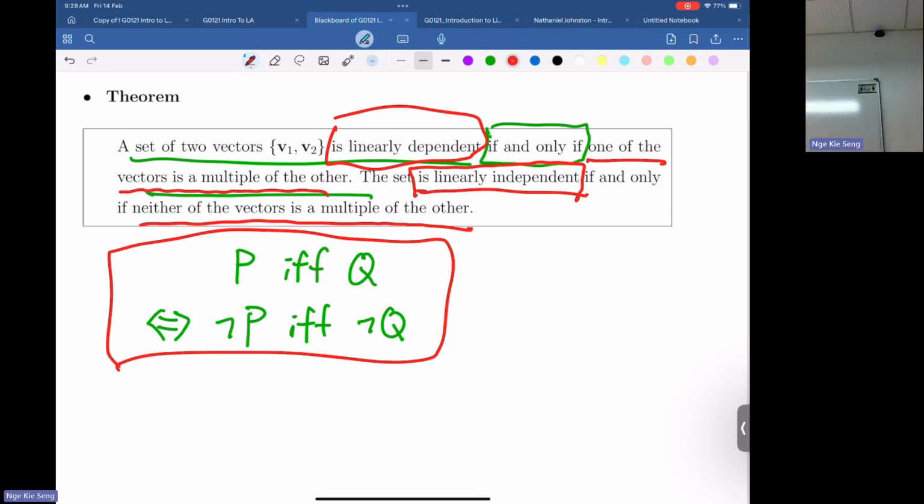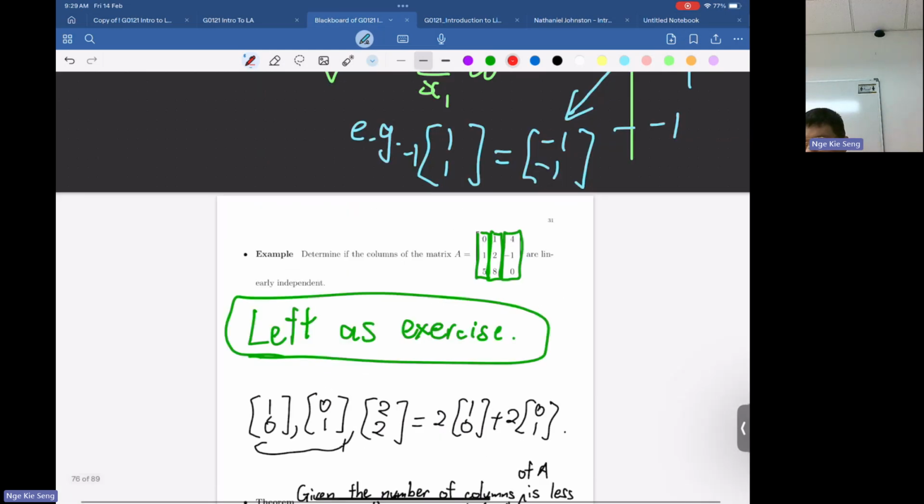Actually, I showed you this example already. If two vectors are linearly dependent, meaning what? If you set up the homogeneous system, c1 v1 plus c2 v2 equals 0, and it implies c1 and c2 have to be 0, then what? Then one of the vectors is a multiple of the other. Actually I showed you this proof already.